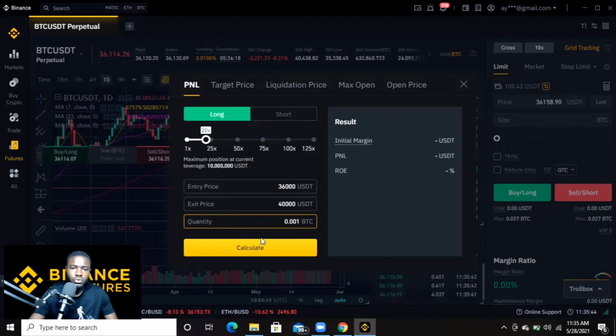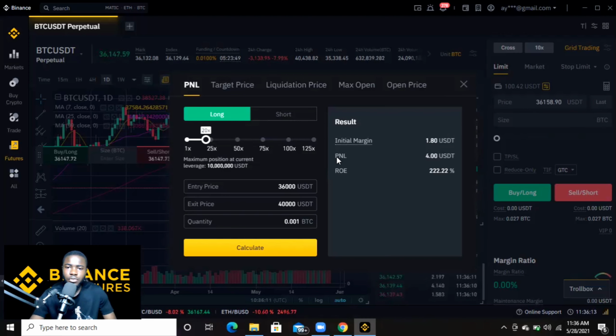So if I'm entering at 36,000, exiting at 40,000, and using 0.001 BTC, I'm going to be using an initial margin. This means how much of my capital I'm going to have to use to enter a certain trade, right? So I'm going to be using $1.8 to enter into this trade out of my total margin.